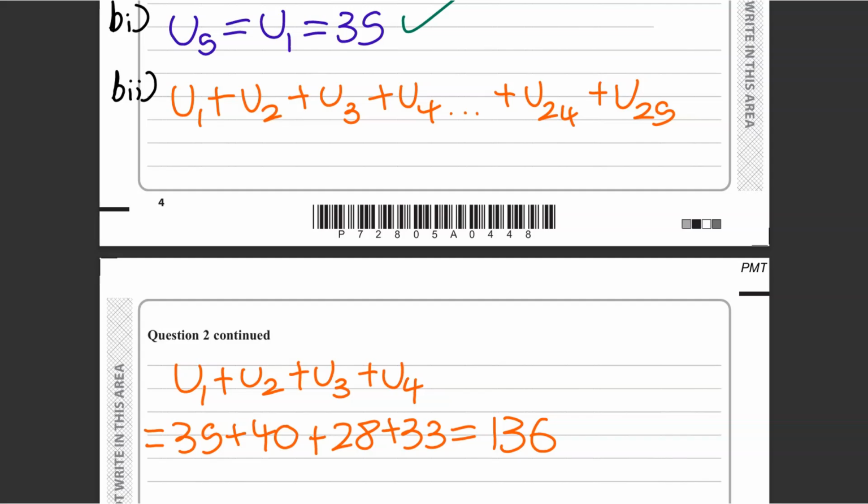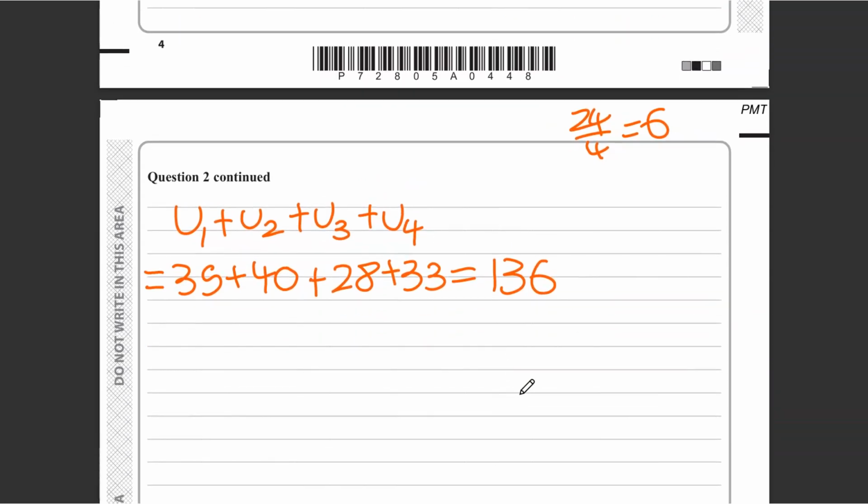So this is the first 4 terms added together. But remember that this is periodic and it keeps repeating this, right? So if we're going up to U25, the term before U25 is U24. 24 divided by 4 is 6. So up to U24, this U1 plus U2 plus U3 plus U4 is just going to repeat itself 6 times.